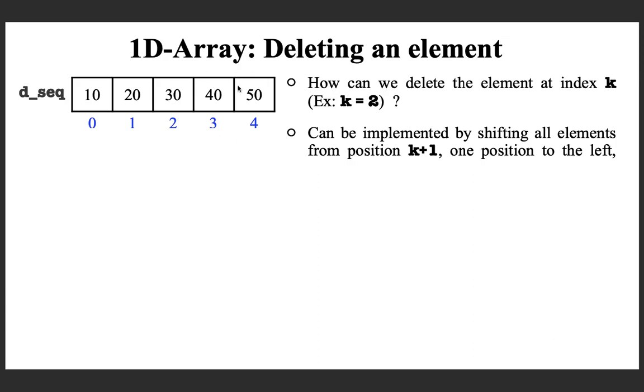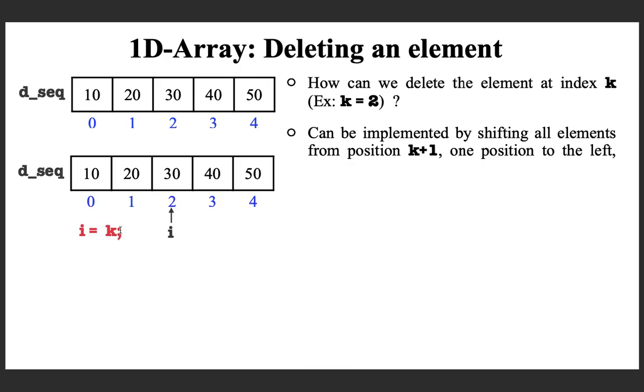That's what you do. So what I said is, okay, I want to delete the element at index k. What should I do? You say that, okay, index is k. I want to delete from k. So i is positioned at index k, assuming that k is 2. Then what should I do? I have to first copy the elements from 3 to 2, that is from i plus 1 to i.